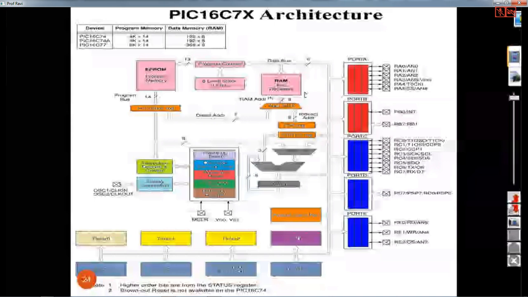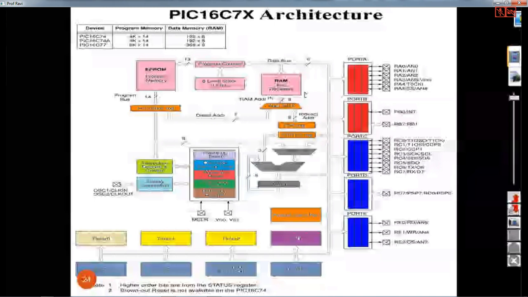This is how it is different. You have timer 0, timer 1 and timer 2, and an on-board 10-bit A to D converter. When it is 10-bit, it is 1 by 1024, right? That is the minimum voltage it can recognize or detect.